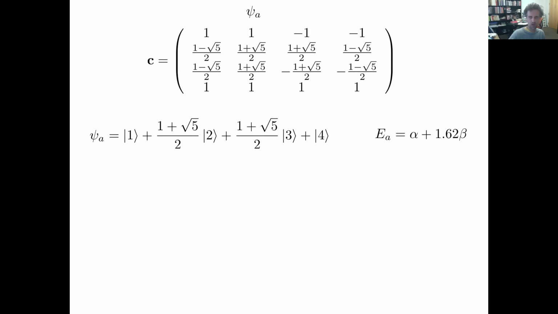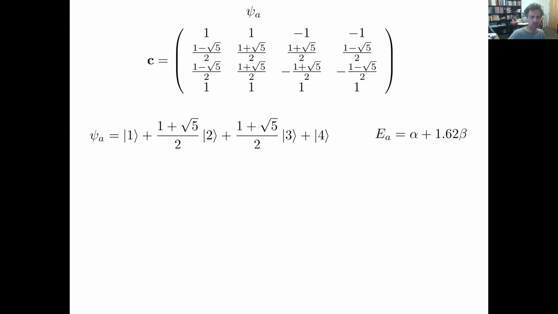There is no node. This is a molecular orbital wave function that does not have a node. And we know, of course, that if you don't have a node, your energy is going to be very low, because adding a node increases the energy of the wave function.